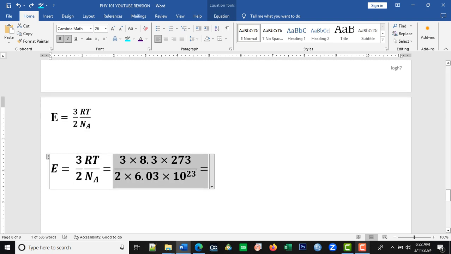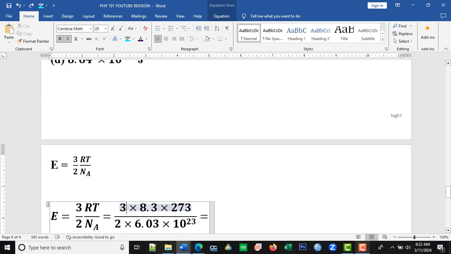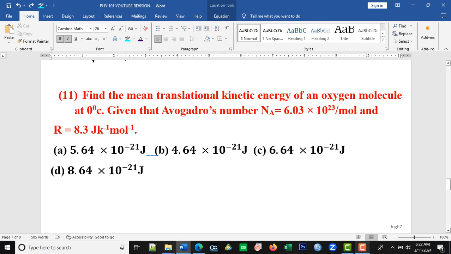So we have 3 here. The R was given 8.3. The T was given in 0 degrees Celsius, and has been converted to Kelvin by adding 273.